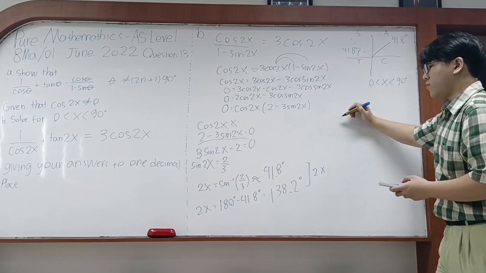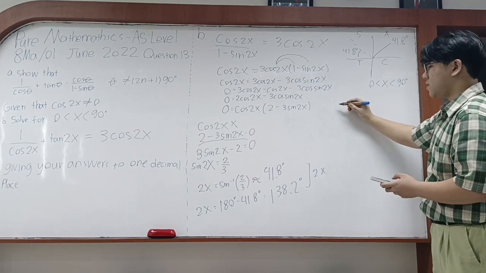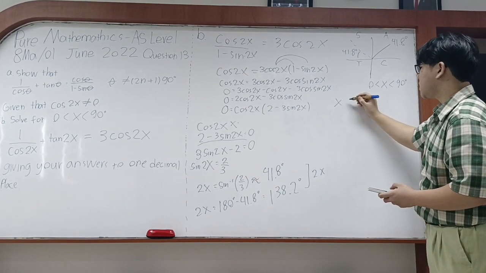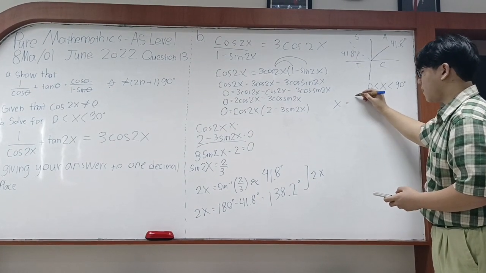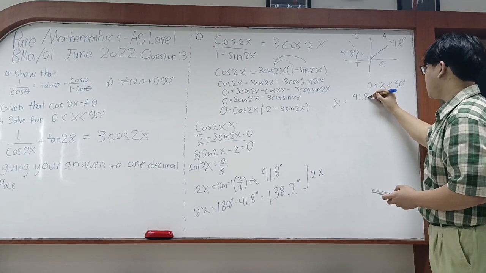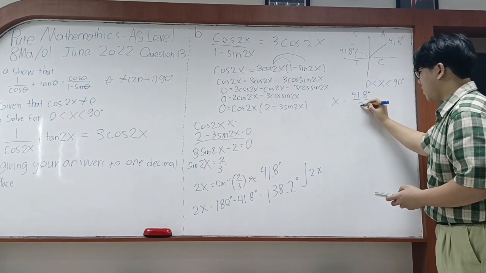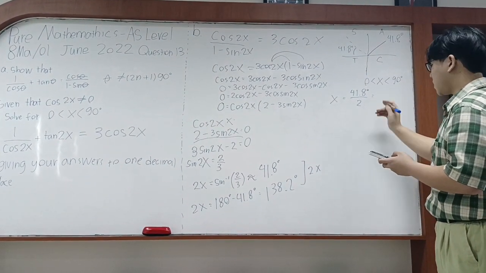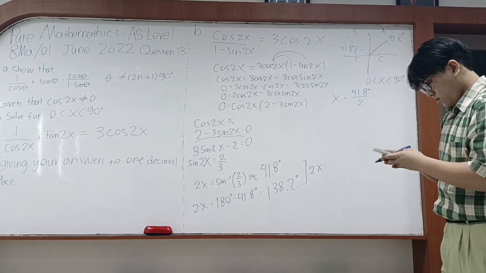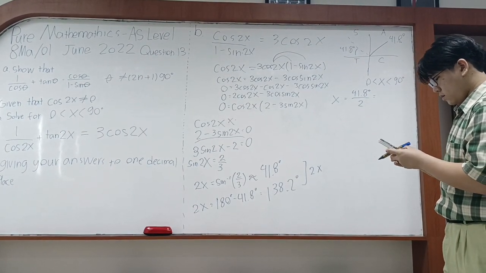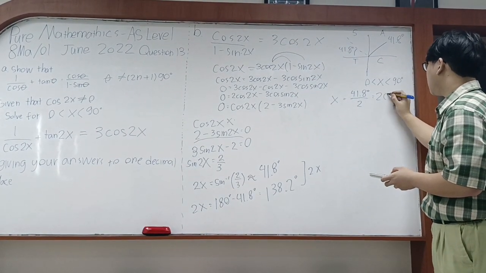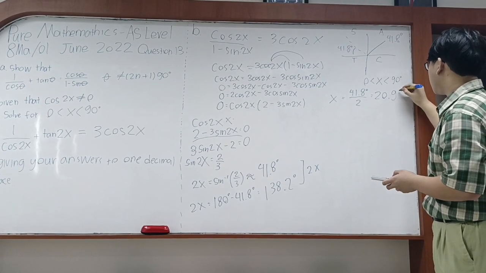Where what we want to find in solving is x. So therefore, for the first x, it's going to equal 41.8 degrees divided by 2, which will give us 20.9 degrees.